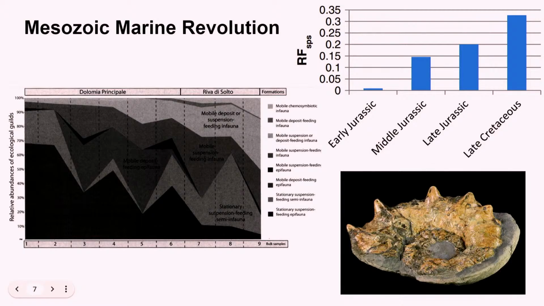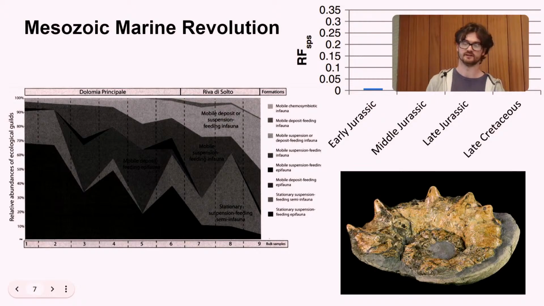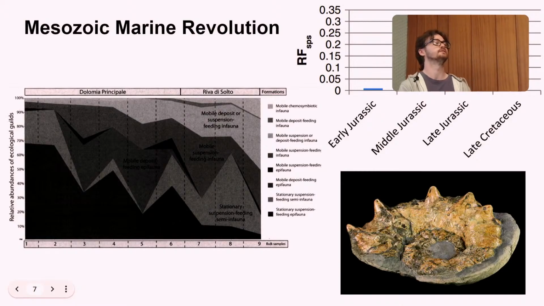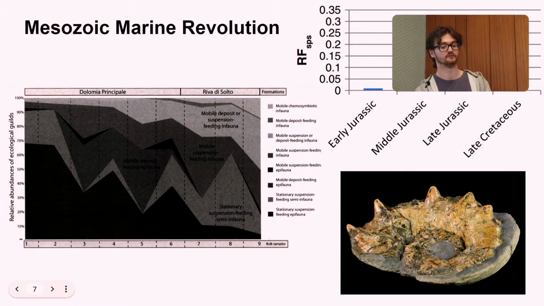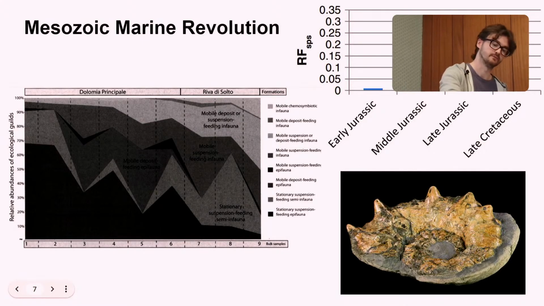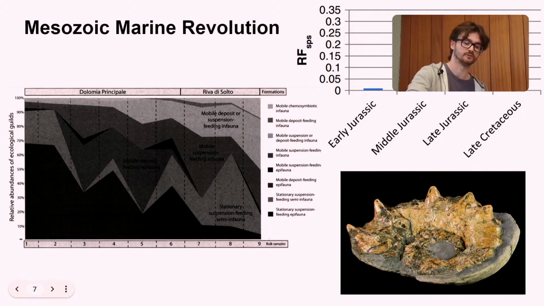There's also an increase in ornamentation of ammonites. This is just an example of a horned ammonite, but it can get ribbing and all this kind of thing. These ornaments increase the difficulty of killing the ammonite. So through time, we're seeing more repair scars and more ornamentation on ammonites, which indicates that they're becoming harder to kill.